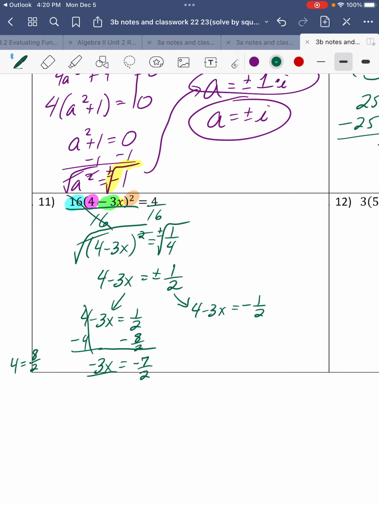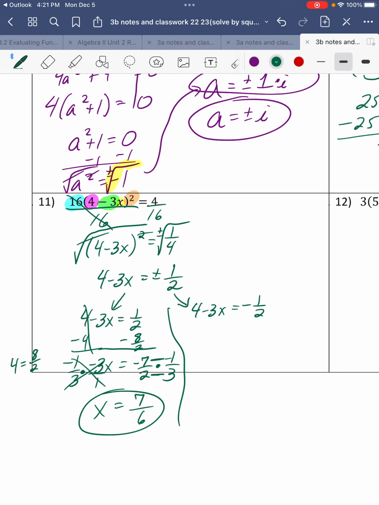Then we're going to divide by negative 3, but that looks really weird. So instead of dividing, we're going to multiply by the reciprocal, negative 1/3. Since it's already a fraction, it's going to make it easier to multiply. Negative times a negative is a positive, and then 7/6. Multiply across your numerators, multiply across your denominators.